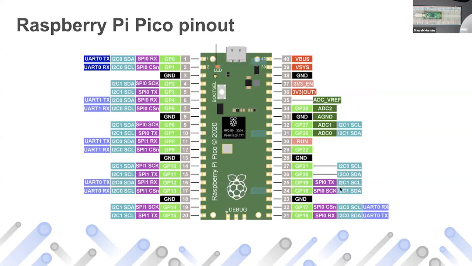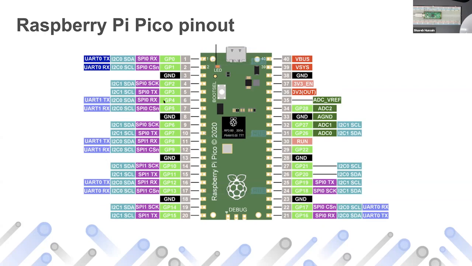If you look at the Raspberry Pi Pico, you can see that many pins have multiple functions. Of course, certain pins like pin 40 and 38 have a specific role. For example, this is where your positive supply is available, and this is the ground pin. But you don't have to worry about that. Most of the pins have many different functions.